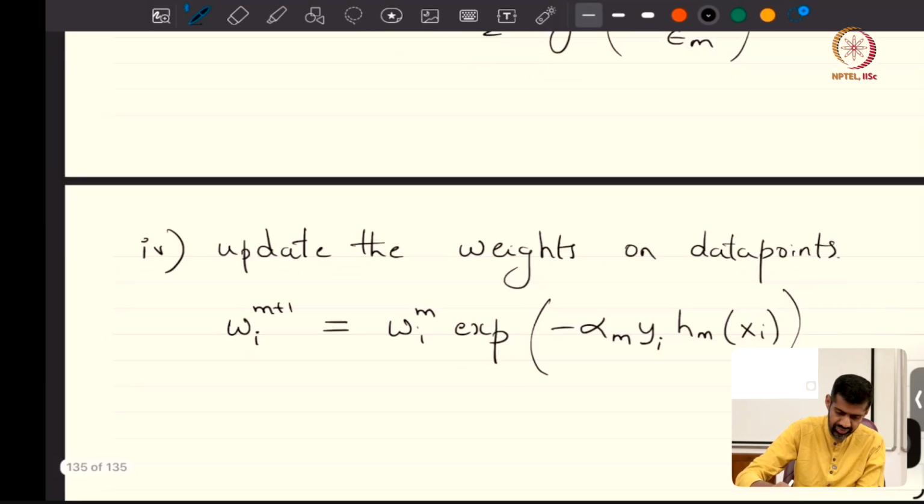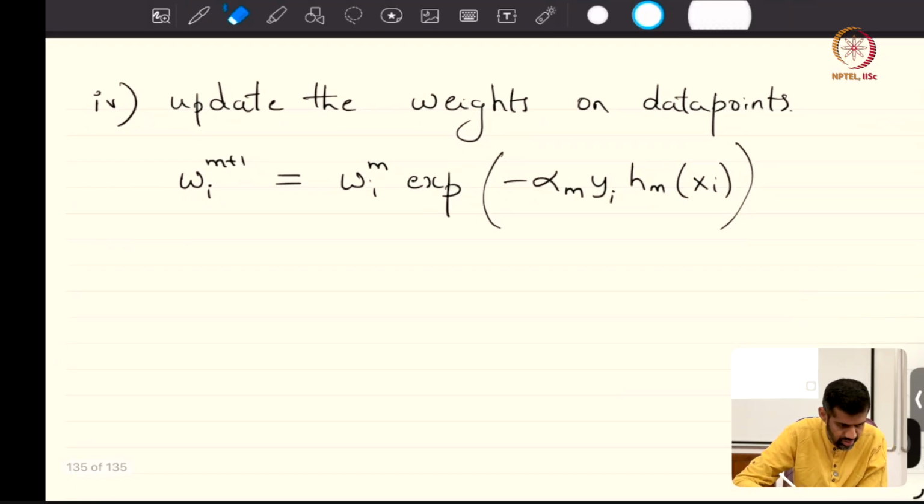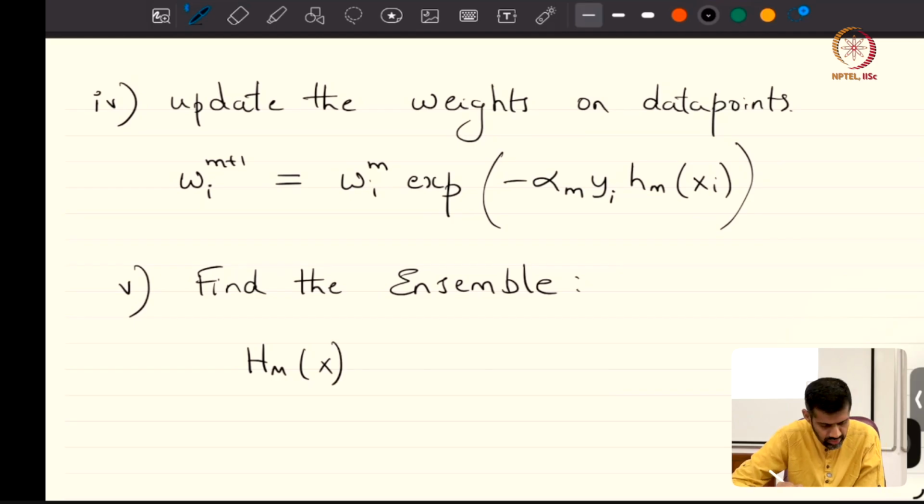And then you find the ensemble h m of x to be this.